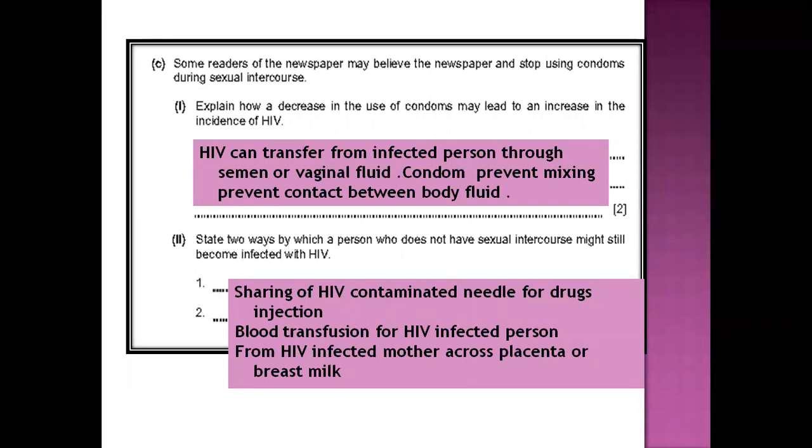Now another person is using it, so the chance of HIV transmission is more. Is it clear? Yes, with blood transfusion. Very good. So we will say our wording like that: HIV contaminated needle. Remember, HIV contaminated needle.